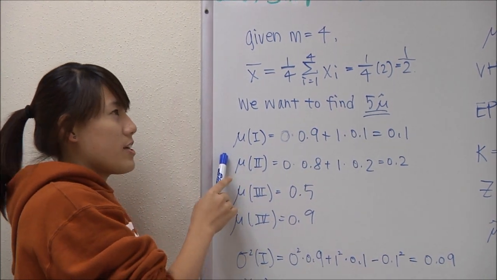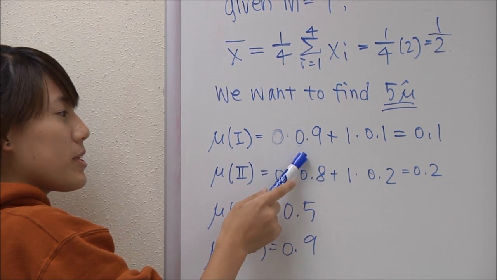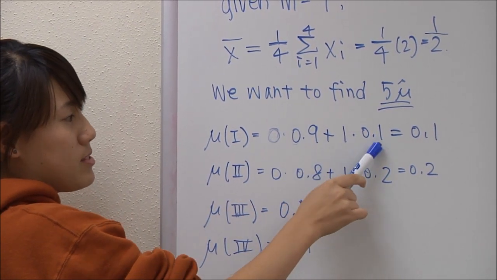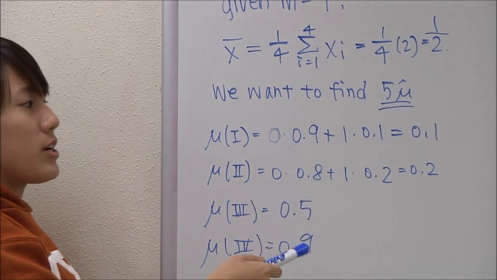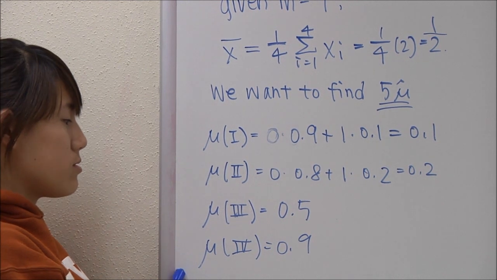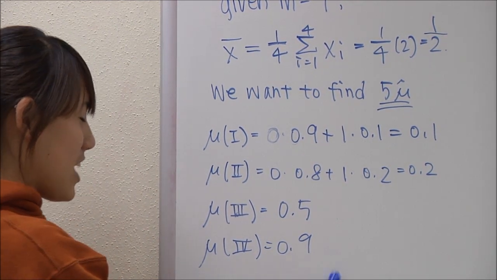So we start with the mean of each class, which is the probability of having 0 claims times 0, plus 1 times the probability of having one claim, which is 0.1. And so we just repeat the formula for each class.